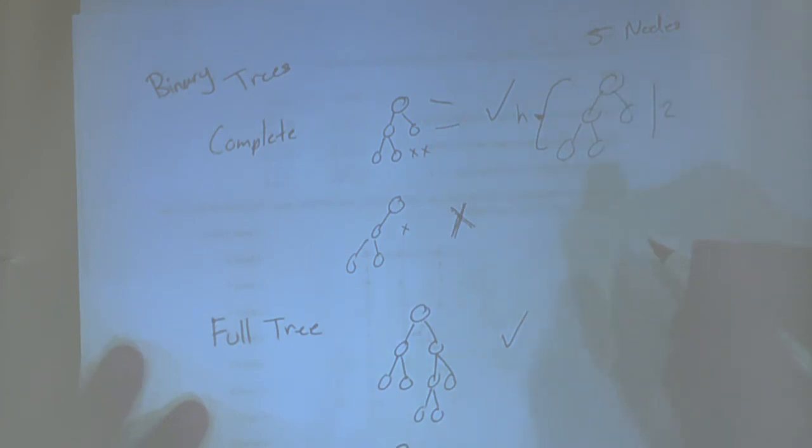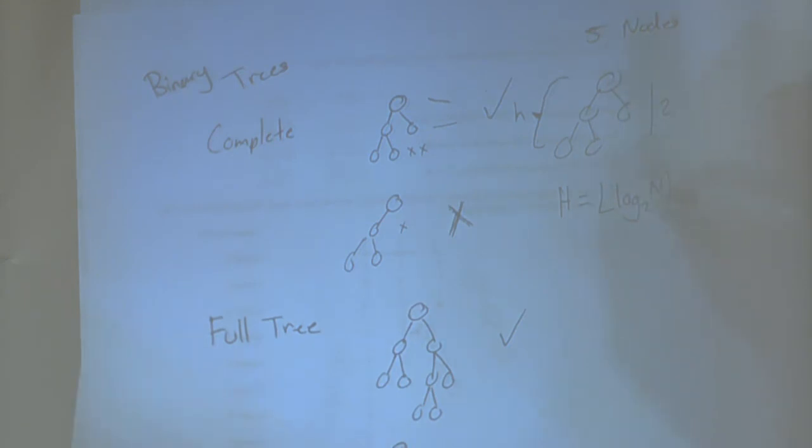To say that, the height generally is going to be the floor of log base 2 of n, where n is the number of nodes we have. So if we do the floor of the log, the log base 2 of 5 is going to be around 2 something.